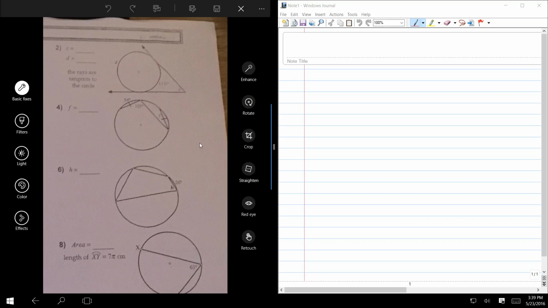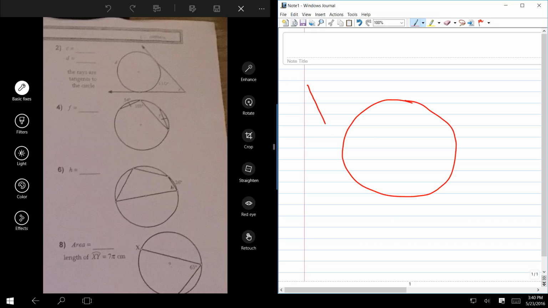What's the general equation for measuring angle C? Yeah, that's kind of what I want to ask. It's just they've drawn this a little funny.